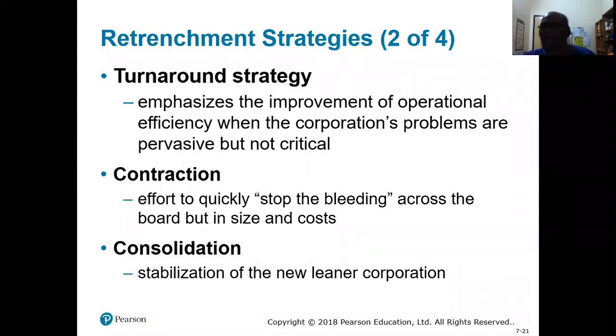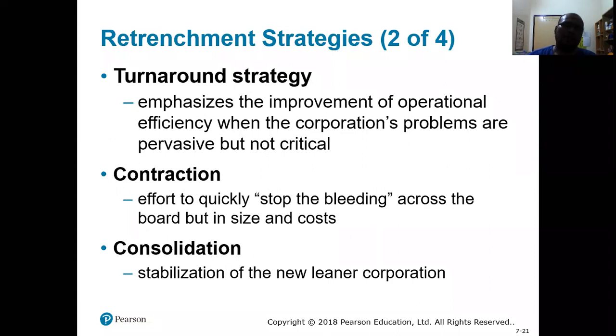We try to overhaul the entire operation system, every single thing, so that we could have a new image, new product, new brand, new name, so that we can turn it around. That is what we call turnaround strategy. Please read about it.